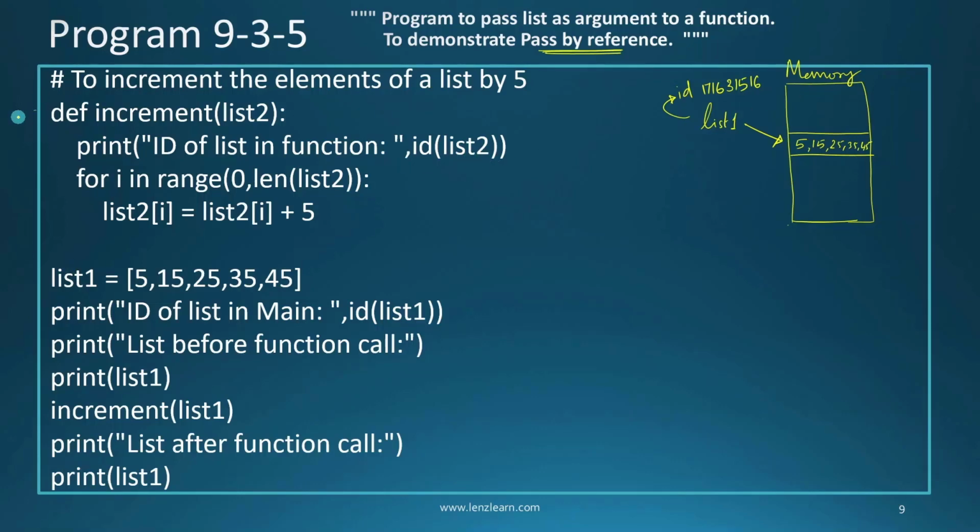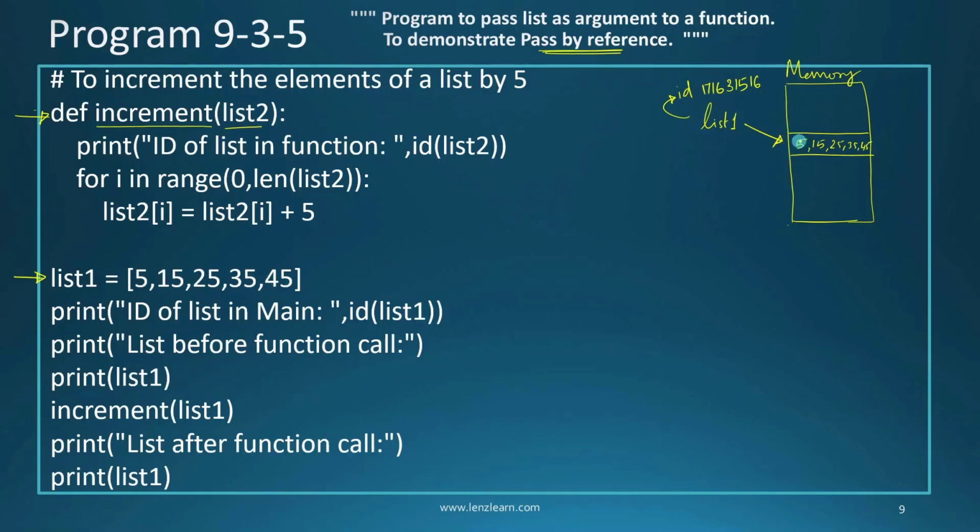First I will see my function definition. The name of the function is increment. It is expecting a list in this variable list 2. Now the control will come down here, after the function body. There I will create list 1 with values 5, 15, 25, 35 and 45.